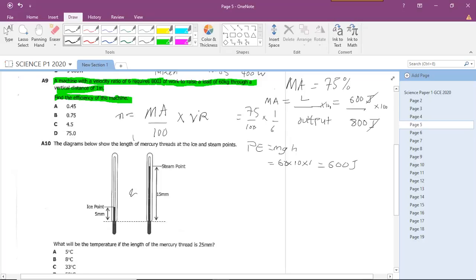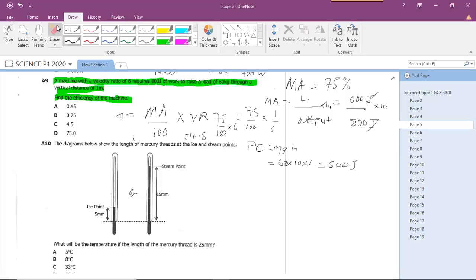So our mechanical advantage is 75%, and we say 75 over 100 multiplied by the velocity ratio, which is 6. 75 divided by 100 is 0.75, multiplied by 6. We're going to get our efficiency as 4.5.